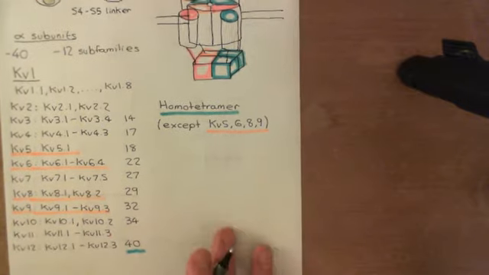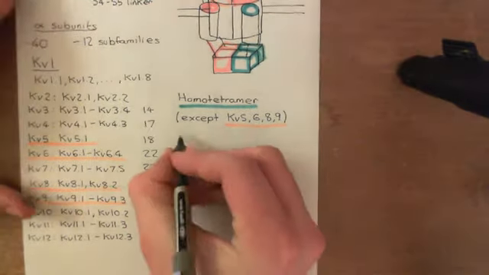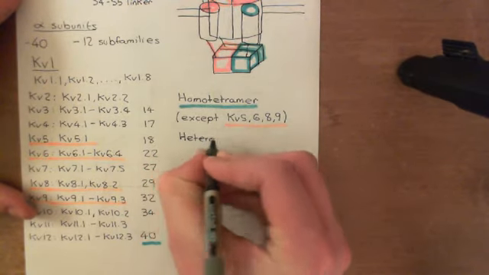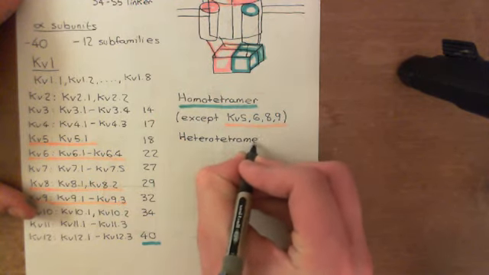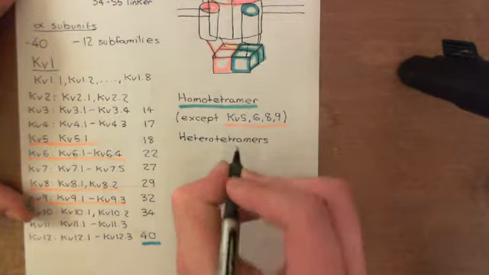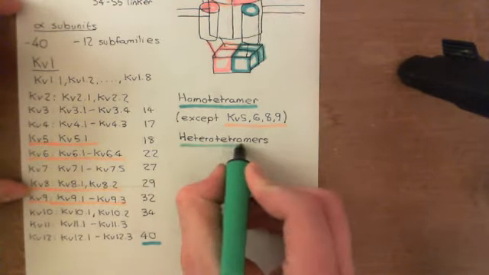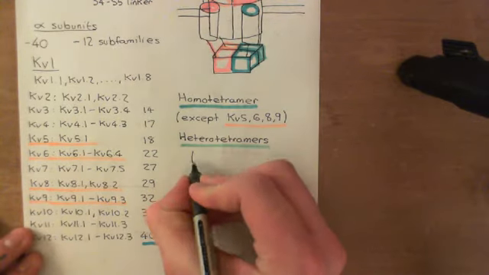Now what I'm going to talk about is the more complicated situation, which is that you can also form heterotetramers, which are voltage-gated potassium channel tetramers where the 4 subunits are different. Hetero means different, so they're not all the same identical type of subunit anymore. Certain families can form heterotetramers within the family.